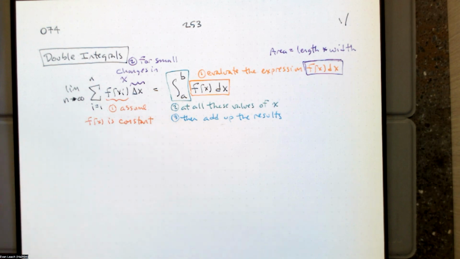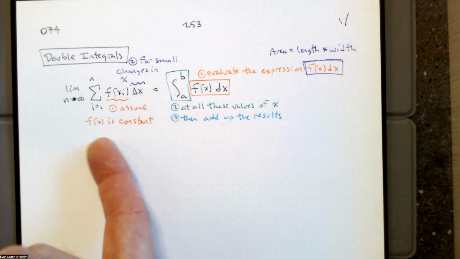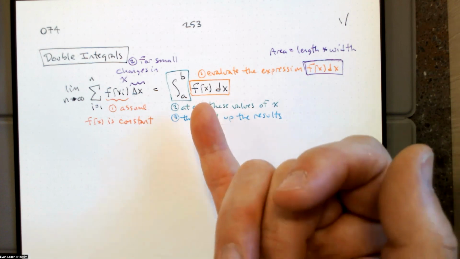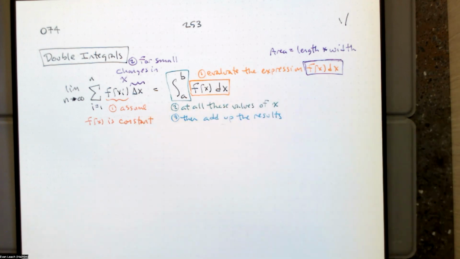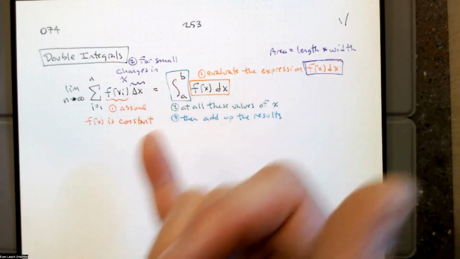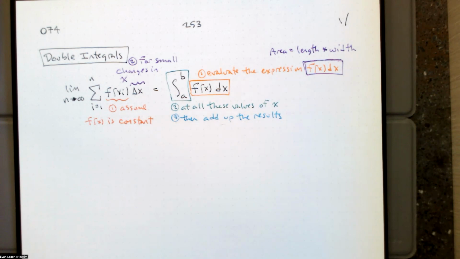The weird thing happens when we go from our discrete sum with an infinite number of rectangles to our continuous sum. The thinking should still be the same, even though mechanically it's not going to work out for us. I'm going to take this expression f of x dx and evaluate it for all the relevant values of x. Evaluate the expression f of x dx from a to b for everything on the interval from a to b.